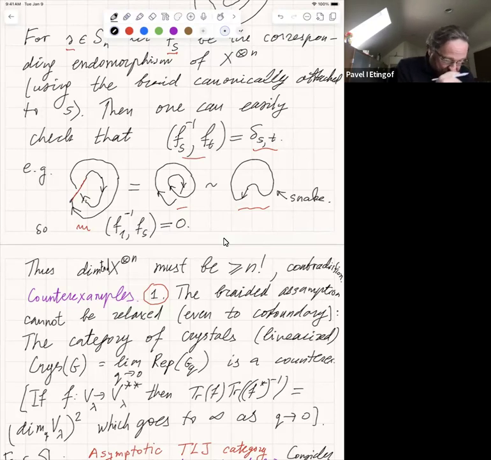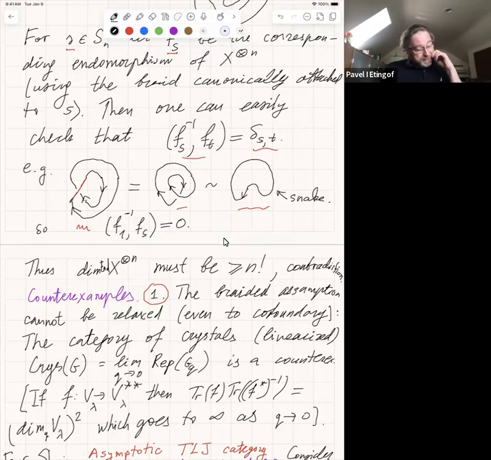It shows that this cannot be relaxed even to co-boundary categories. If you have a braided category satisfying some mild conditions, it always has a co-boundary structure, but not vice versa.